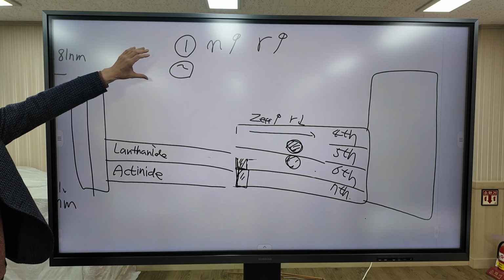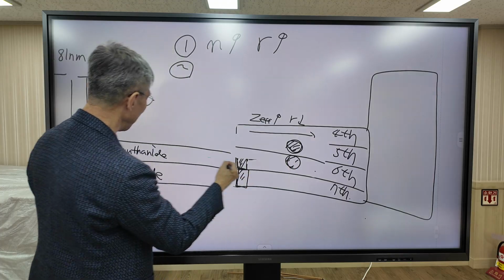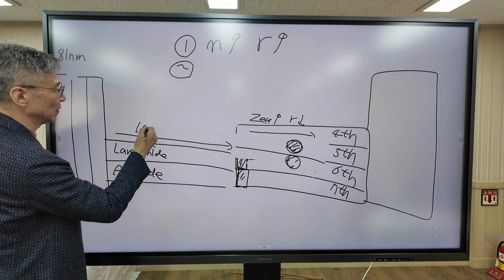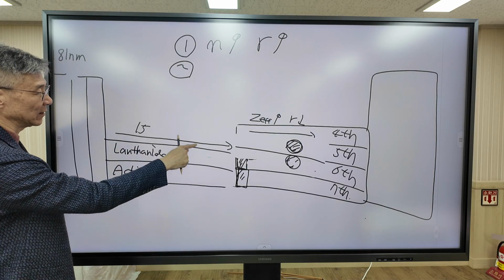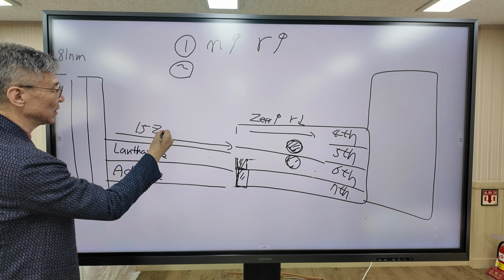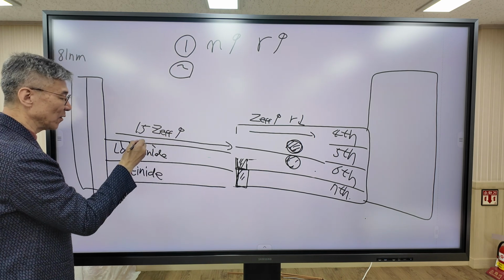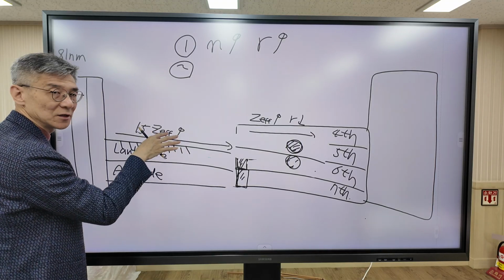The second factor is that when you go from the 5th to the 6th period, you pass through 15 lanthanide elements. When you pass through the 15 lanthanide elements, the effective nuclear charge increases. When you go up one more, the effective nuclear charge continues to increase.